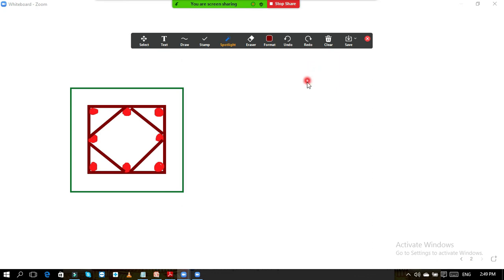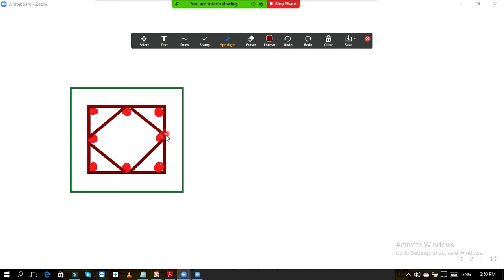Now this stirrup you may connect to here, and their link is there. This outside stirrup is a two-legged stirrup, and the inside stirrup is also a two-legged stirrup, which is connected to one of these four bars.